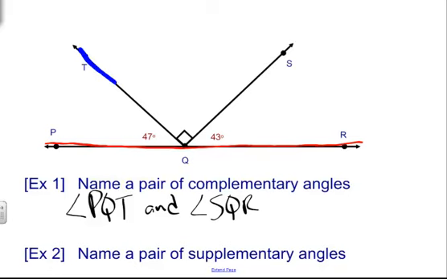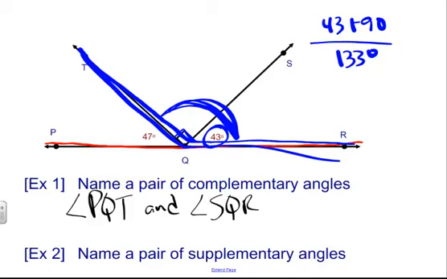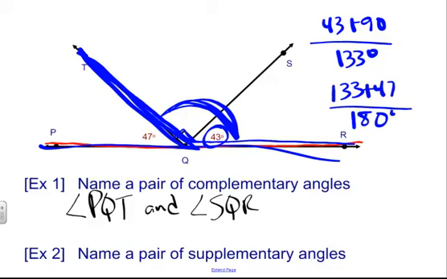If you have angle TQR, that's this entire angle here, right? TQR, we're kind of ignoring that line with the S on it. TQR is 43 degrees plus 90 degrees. So that's actually 133 degrees. Well, if I add together TQR and PQT, which is 47 degrees, 133 plus 47, that gets us to 180 degrees.